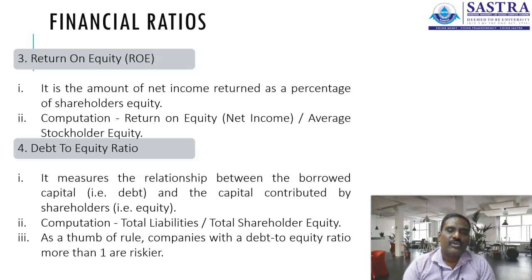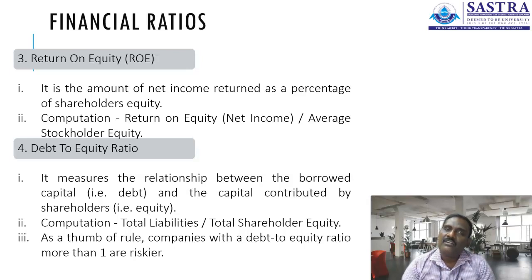It measures the relationship between the borrowed capital, which we call debt capital, and the capital contributed by the equity shareholders of a company. It is calculated as total liabilities divided by shareholders' equity.